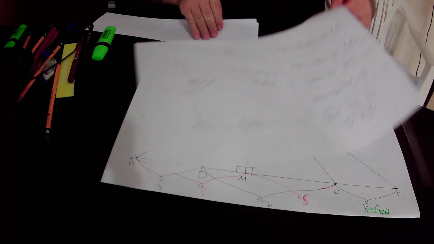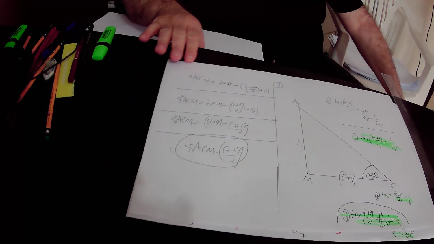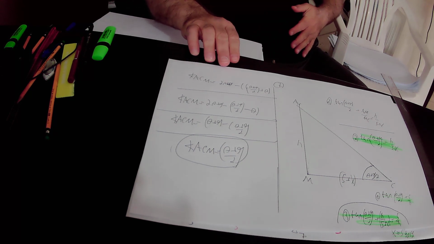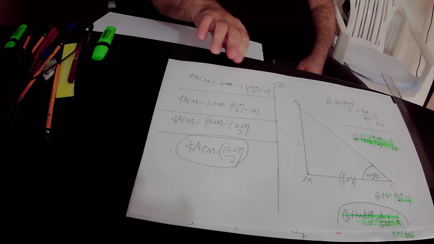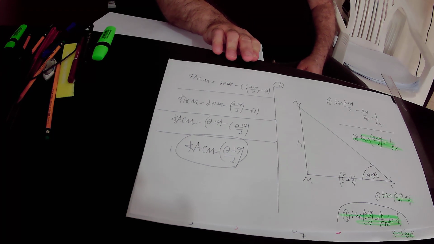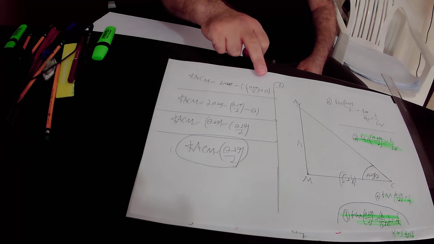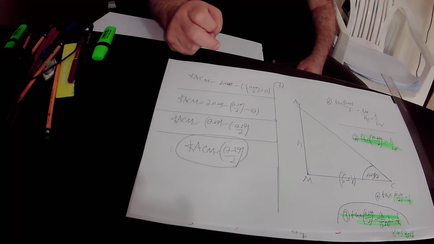We did it, and we got that the angle we are looking for, angle ACM, equals 90 degrees, that is 2 theta plus alpha, minus angle MAC, that is theta plus alpha over 2 plus theta. Here we open the brackets, so the plus sign becomes minus because we have minus before the brackets.